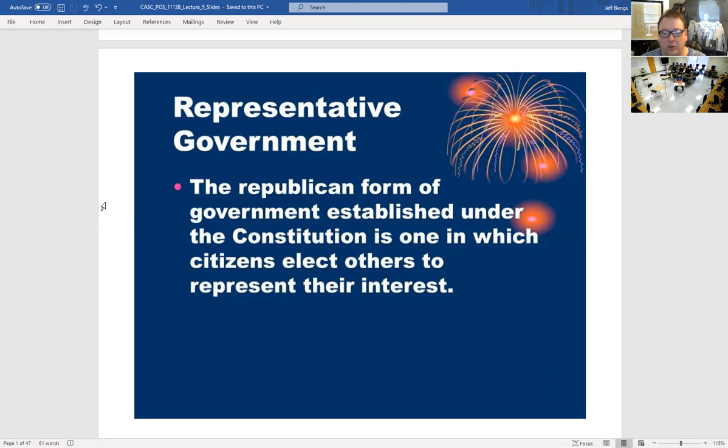We'll look at that from a different angle again here in a little bit, but we want to talk about our government being a representative government. Now, our government is not a direct democracy, which would be majority rules.